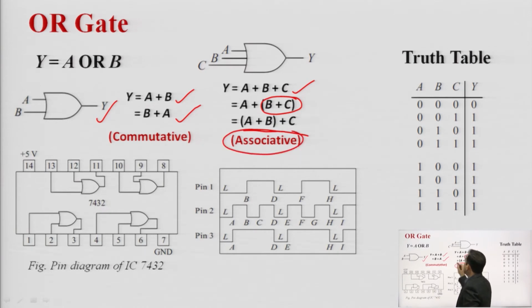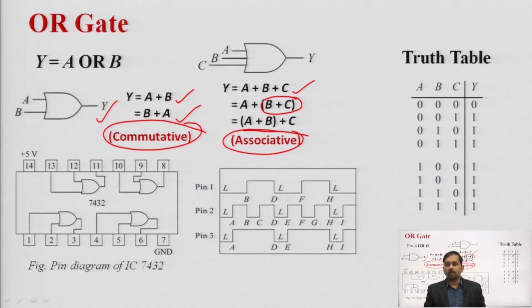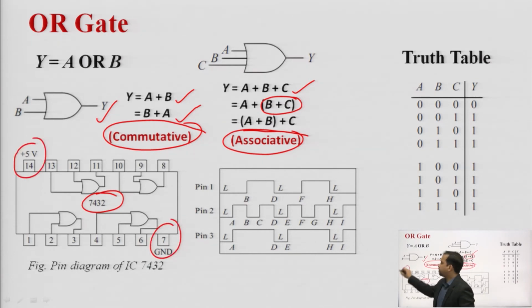So again for this OR gate, the associative law and the commutative law are followed. Now the IC number is 7432, which is again a 14 pin IC, out of which 2 pins are for ground and VCC, and the remaining 12 pins correspond to input and output.